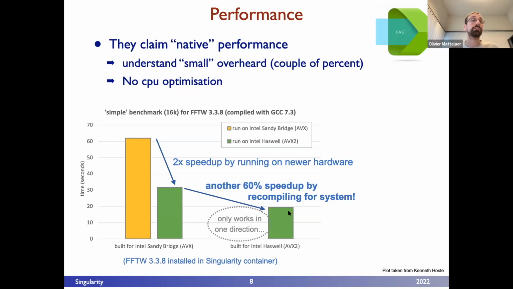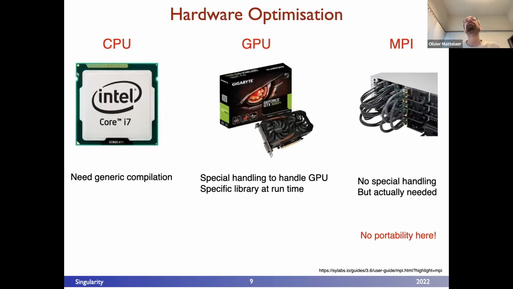That is very important to remember. Yes, they claim native performance, but the fact that you want portability means you have a trade-off implicit there. So this is true for the CPU. That means if you really want portability, you need to have generic compilations. That means loss in performance.